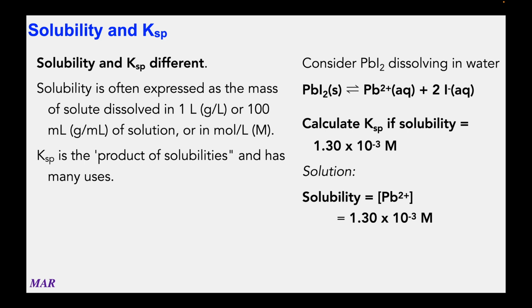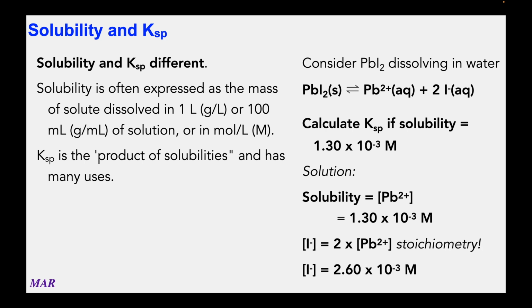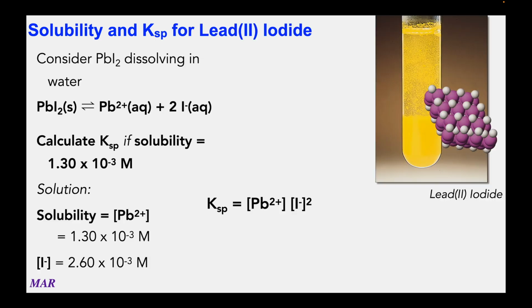For every PbI2, you're going to have 1 mole of lead, so the same number can be used for the lead 2+ concentration. However, the iodide will be twice that number. There are 2 iodides for every PbI2, so we multiply that number by 2 to find the concentration of the iodide. So iodide would be 2.60 times 10 to the minus 3.